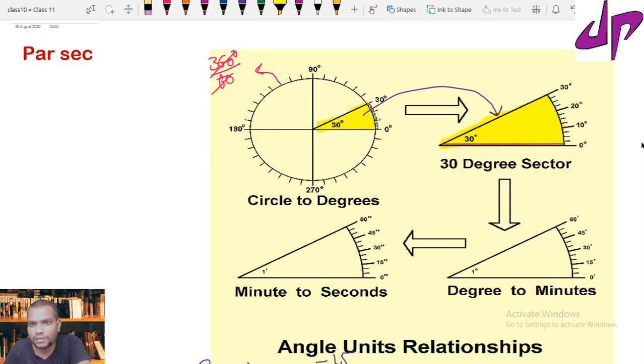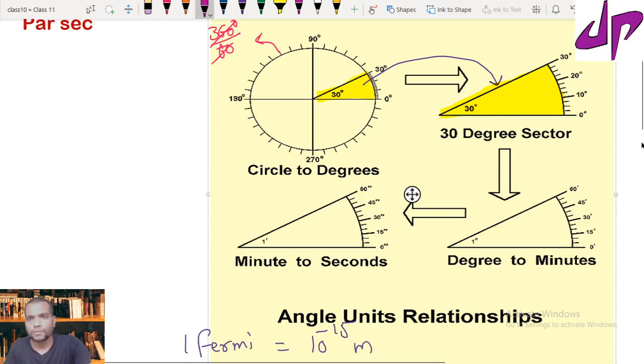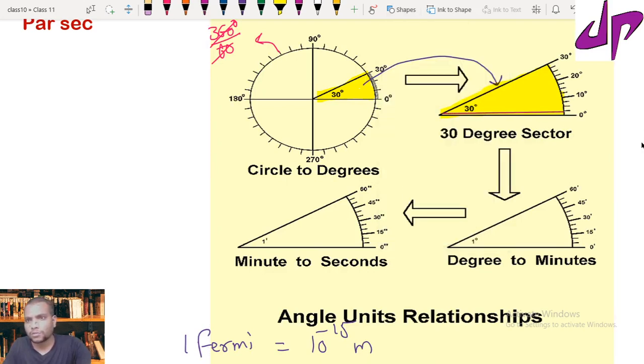It is very difficult to draw the smallest ones, but I would like to try. This portion gives me 1 degree.